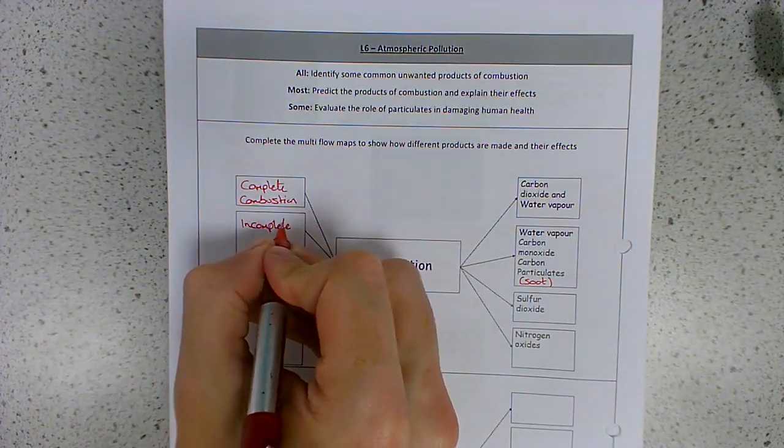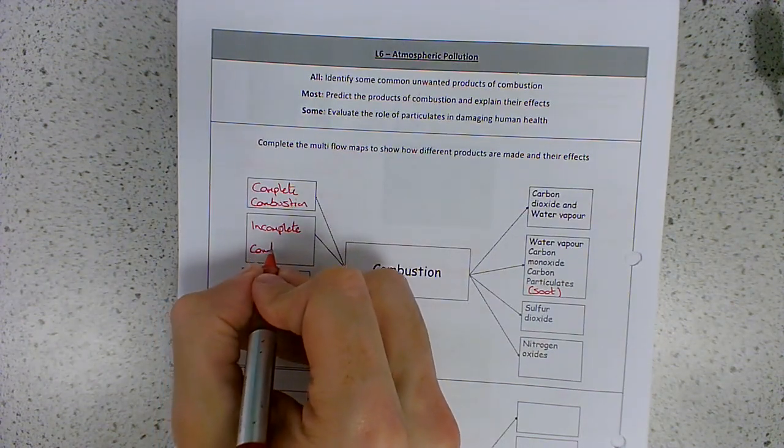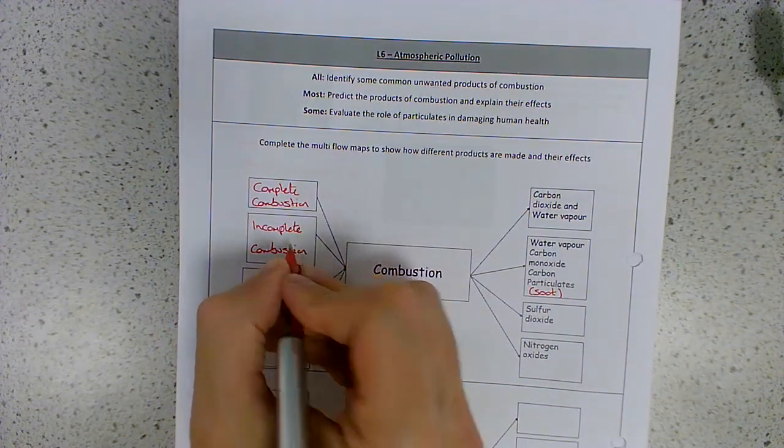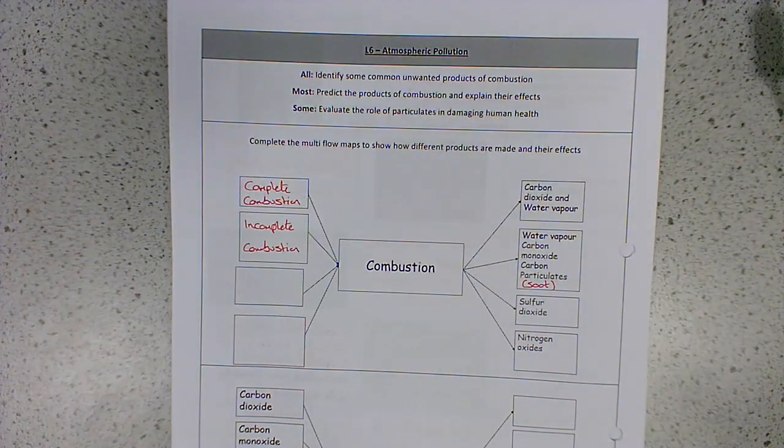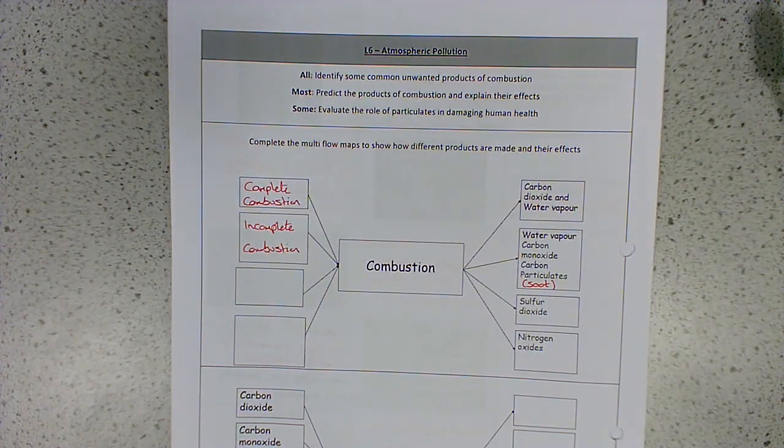So if there is not enough oxygen, then you will start to get carbon monoxide, which is a toxic gas being produced. You will start to get solid carbon, soot or carbon particulates, which again cause global dimming.